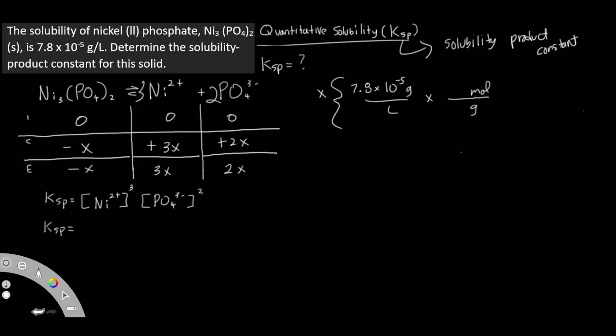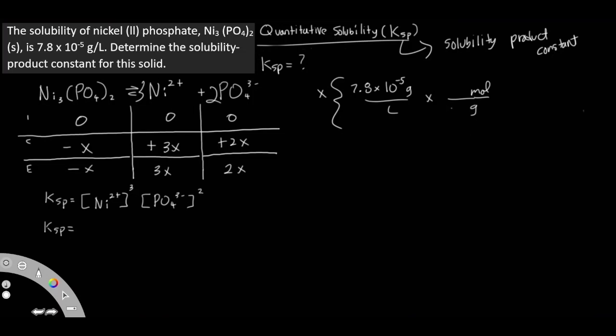Because on our periodic table, we have grams per mole for every single element, and if we add them up, we can have them for every single compound as well. So as long as you can find the molar mass, grams per mole, for nickel 2 phosphate, you can just add that value over here. So how heavy is it?